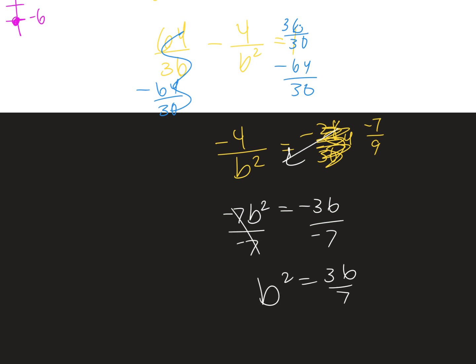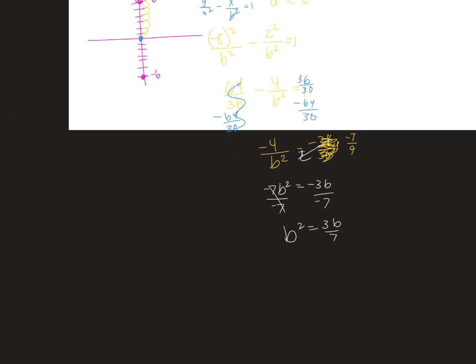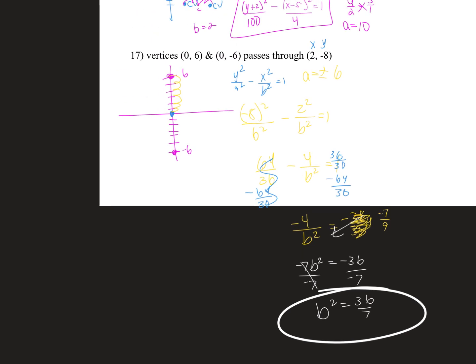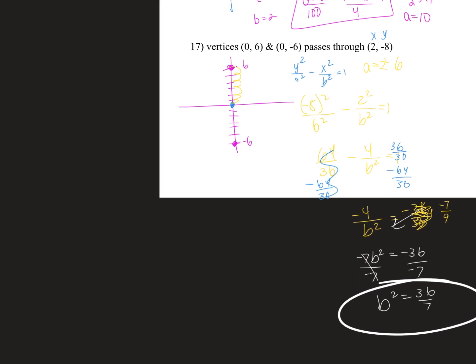36 over 7. And you guys are like, oh my gosh, I got to take the square root and all that. You really don't, guys, because look, you need b squared for your equation. You don't need b. So you have b squared, which is 36 over 7. You have a, which is 6, so a squared is 36. So you know your equation is going to be y squared over 36 minus x squared over 36 over 7 equals 1.